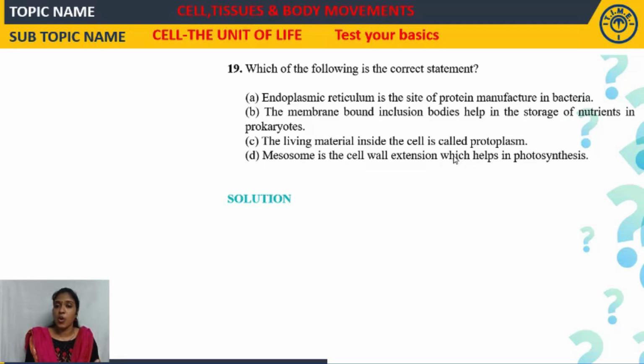No, because many bacteria could not perform photosynthesis, even though photosynthesis is carried out in some bacteria like cyanobacteria, which are not true bacteria at all. That statement is wrong because mesosome is a cell wall extension which helps in respiration. So that sentence is also wrong.